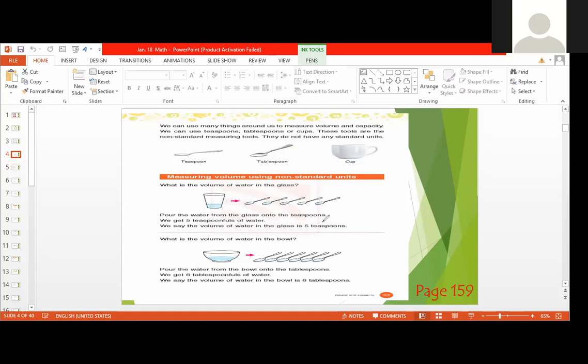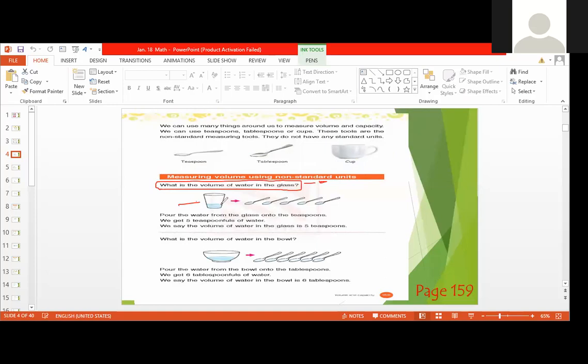So here, let's go to measuring volume using non-standard units. How can we count? By using these non-standard measuring tools. For example, the question is, what is the volume of water in the glass? What is the equivalent of the water inside the glass?